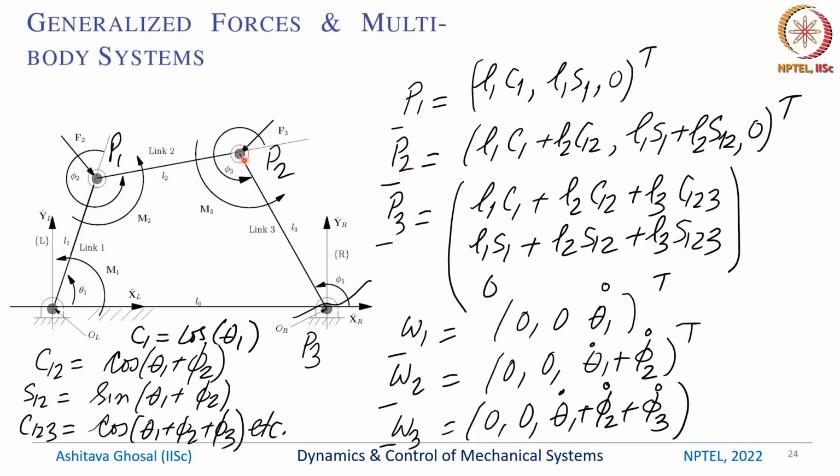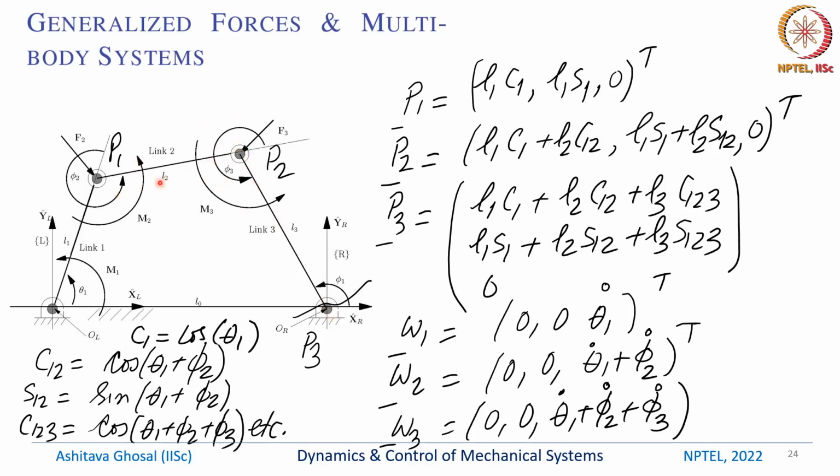The position vector of this point P2 is nothing but L1 into cos theta 1 plus L2 into cos of theta 1 plus theta 2. Likewise, it is L1 into sine theta 1 plus L2 into sine of theta 1 plus theta 2, and again z coordinate is 0.